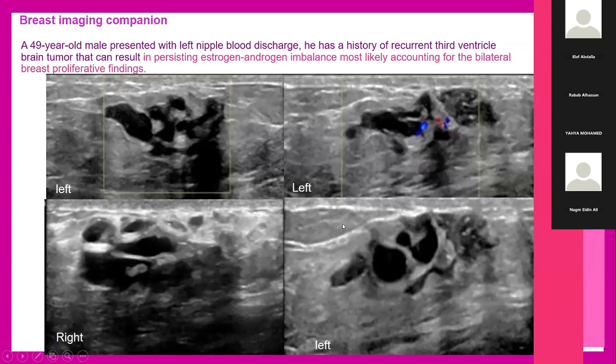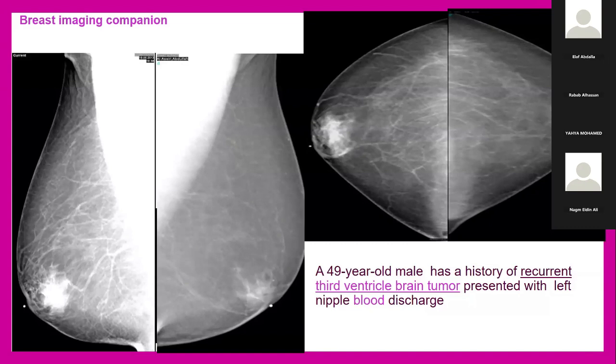Starting with ultrasound for that male, it demonstrates bilateral ductectasia, which appears complex, demonstrating internal echoes, and on the left side also associated with calcifications. We proceeded to mammography, which demonstrates bilateral ductectasia, and sorry the image was not performed with high quality, but there were faint punctate calcifications on the left side.